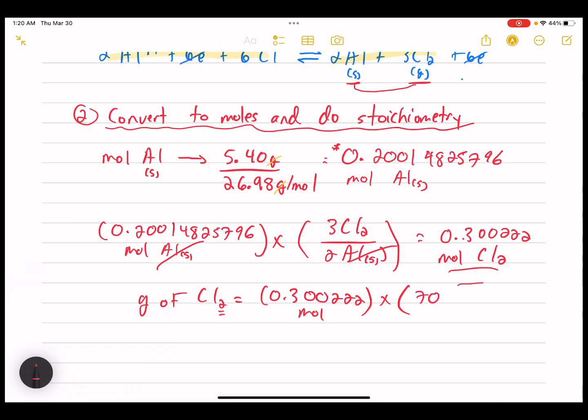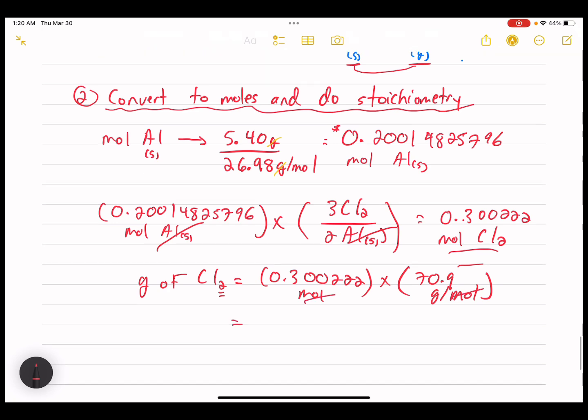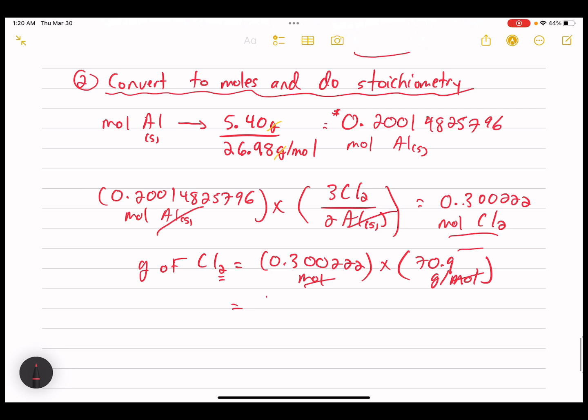So that'd be 70.9. Remember, 35.45 on the periodic table refers to just one chlorine, not two. We cross out these like terms, and then what you should be left with if you're using 3 significant digits is 21.3 grams. I hope this has helped.